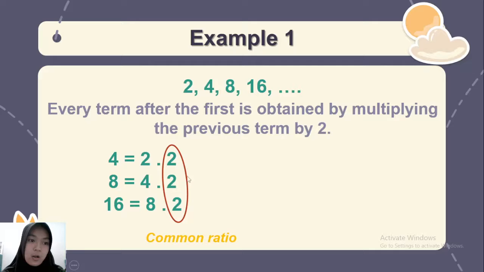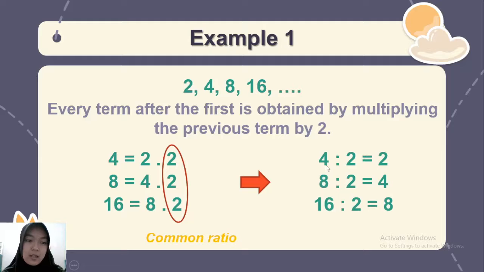From here, we can rewrite this multiplication sentence into this. 4 divided by 2 is 2. 8 divided by 4 is 2. And 16 divided by 8 is also equal to 2.